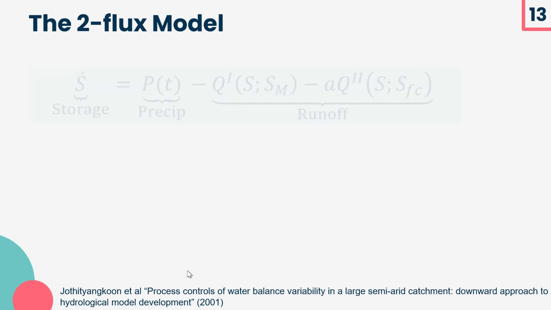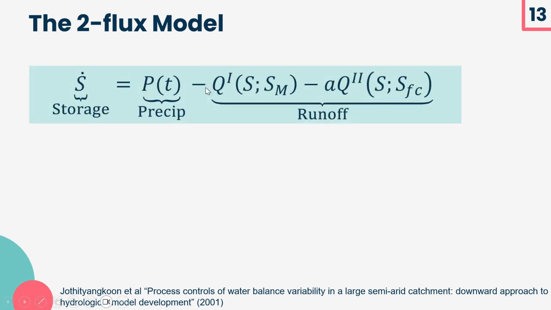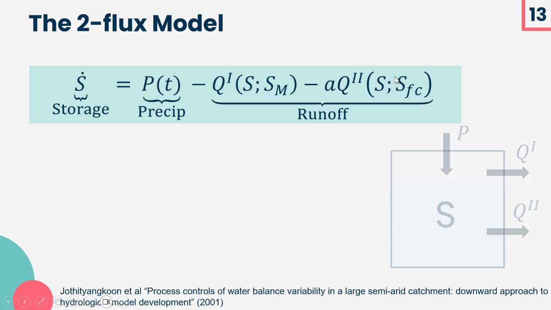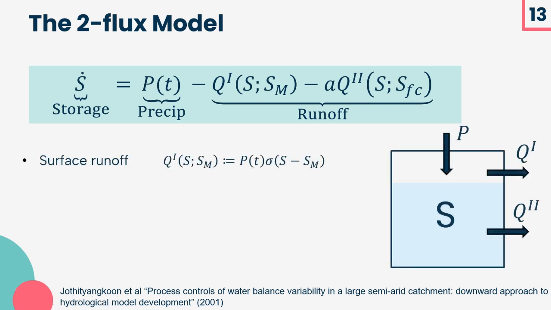So the model is formulated as follows. We have what we had in the one flux model: the precipitation and runoff. We also have this additional term, which is formulated in a slightly different way. Instead of being weighted with precipitation, it's weighted with the storage, so these are dynamically different.